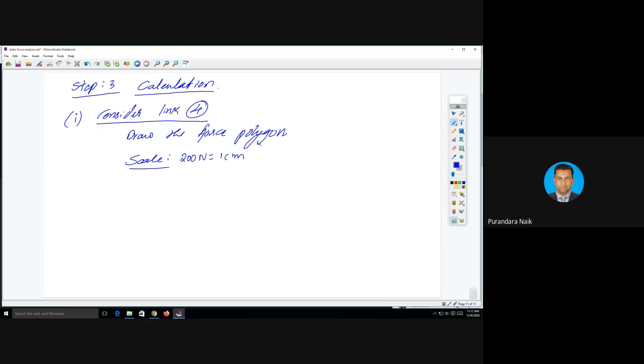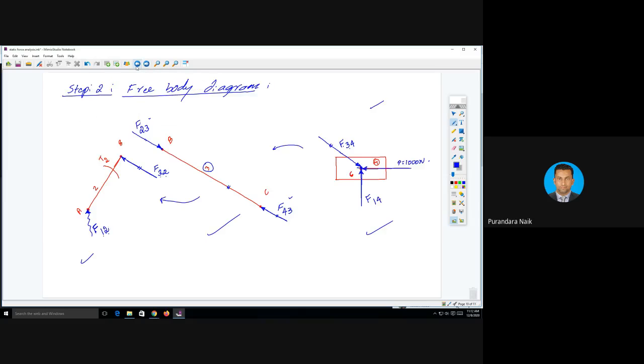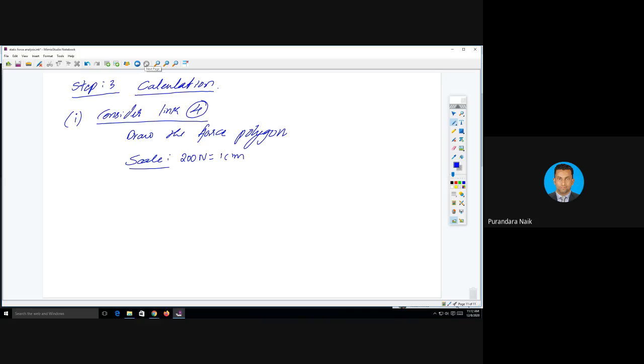Okay. First one, P is 1000 Newton. I am going to take 1000 Newton, which means 5 centimeter, right? Take 5 centimeter in the horizontal direction, exactly horizontal.